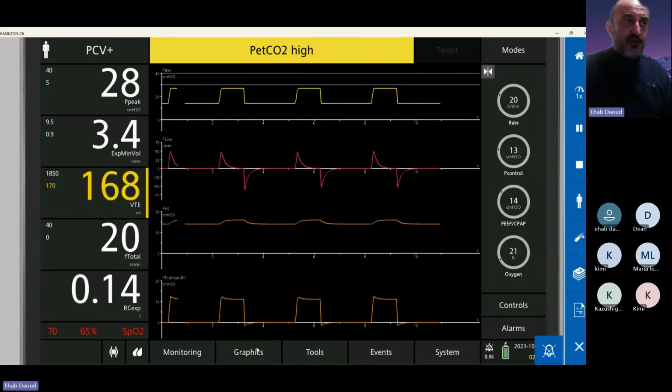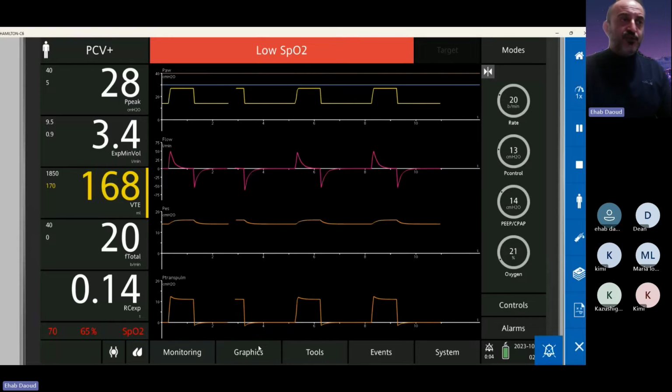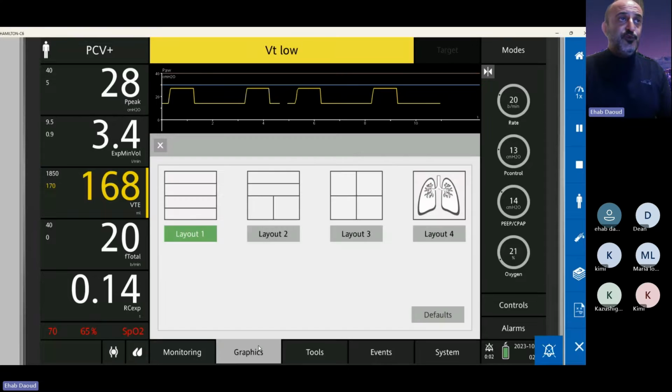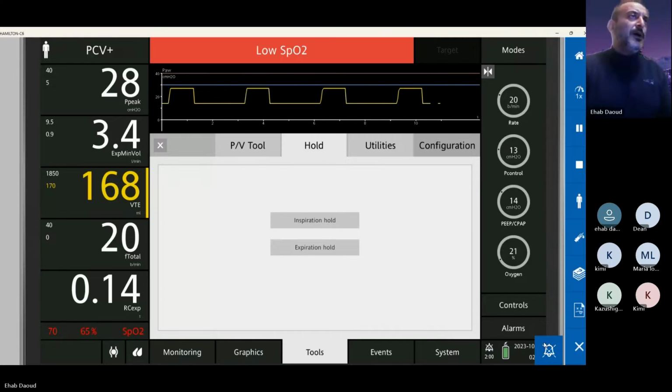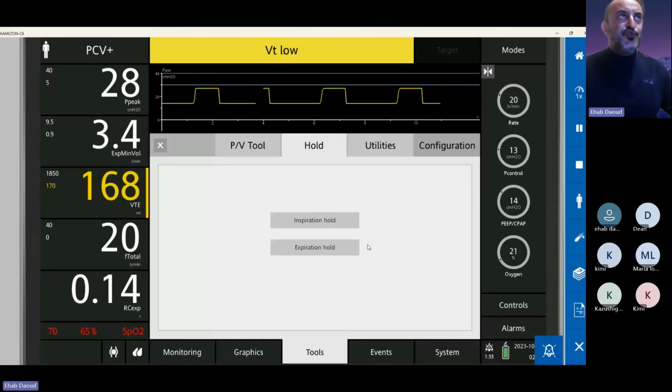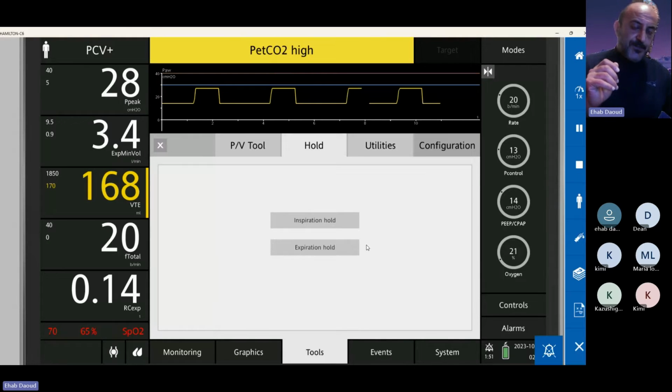I will tell you my own preference is to do the pressure volume loop. Of course, it's not on every ventilator, but a lot of new ventilators have this tool. If you don't, you can do it manually.